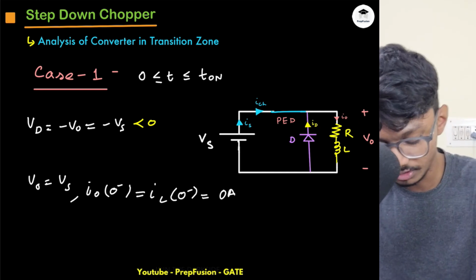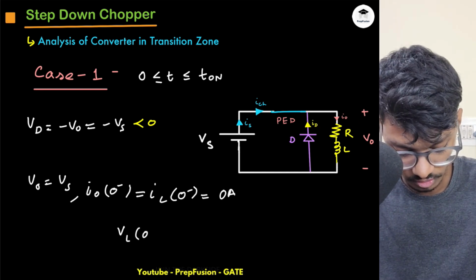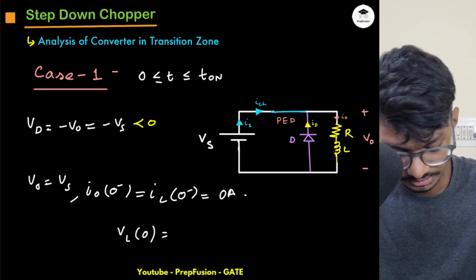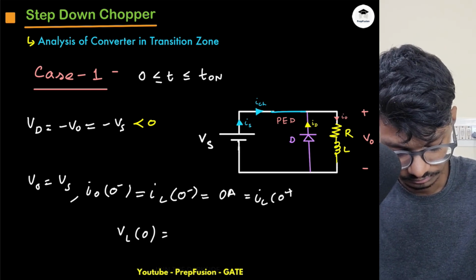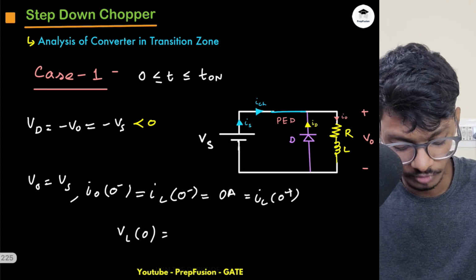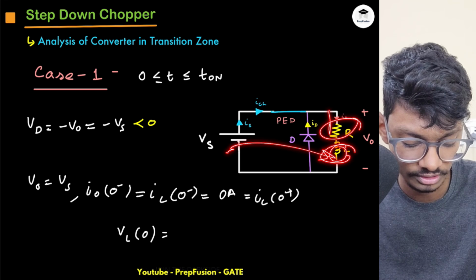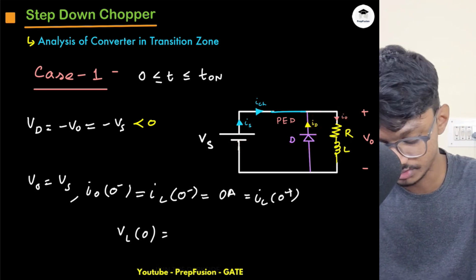So what will be the voltage across the inductor? VL0 will be total Vs, because no current is flowing, so there will be no drop across the resistor, and all the voltage will come across the inductor.